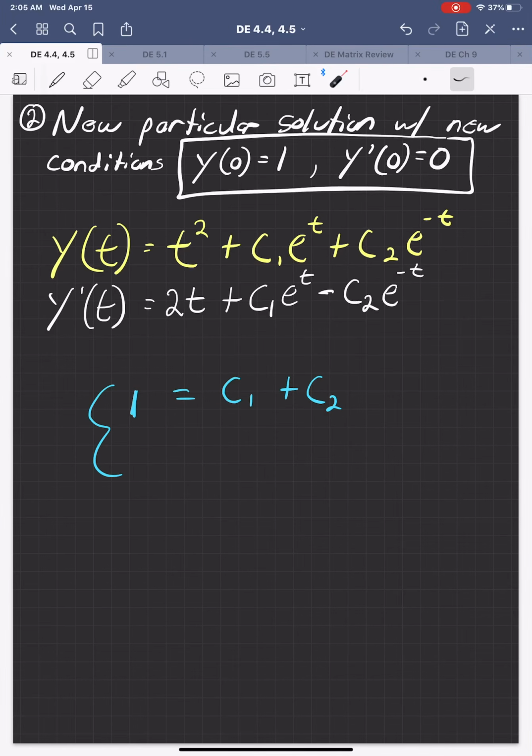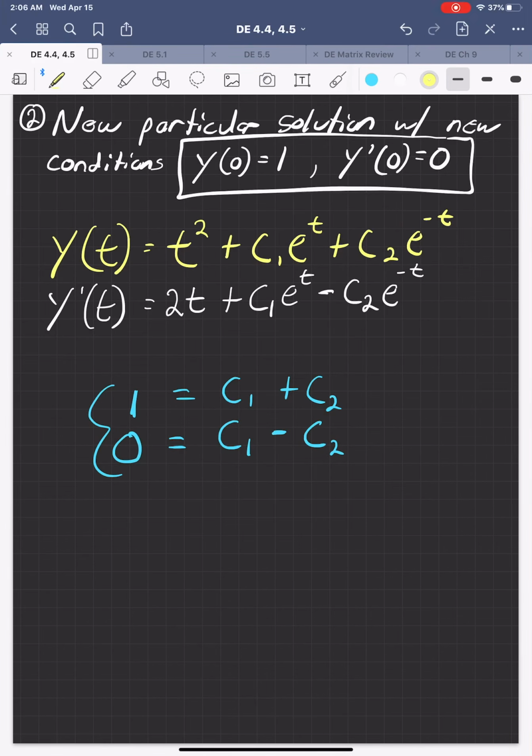Too excited. All right, now let's look at the condition for the first derivative. Obviously I'm going to be setting that derivative equal to 0 and plugging the zeros in for the t's. So in this case, I get 0 is equal to c sub 1 e to the 0, which is just c sub 1. Don't forget about that minus. c sub 2 e to the 0 is just c sub 2. Now this is a very simple system, and I don't care how you do it.